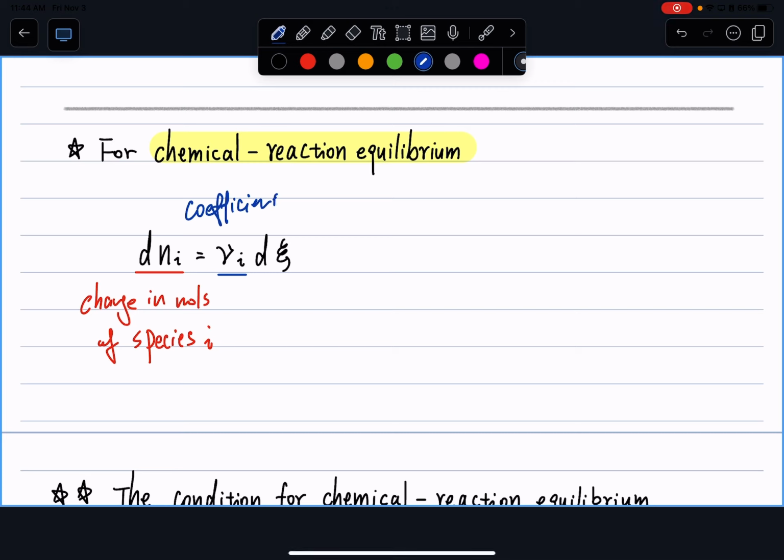And remember that coefficient is negative for reactant, positive for products. And this one is our infinitesimal change for your proportionality or extent of reaction. So that's the general expression we can write out. Your coefficient remains the same. It doesn't care how much of the reaction takes place.